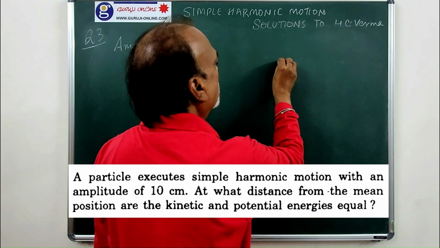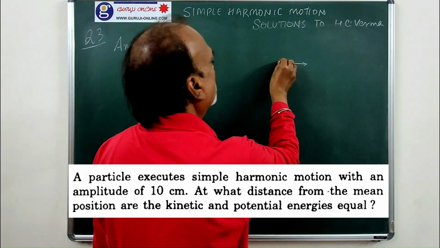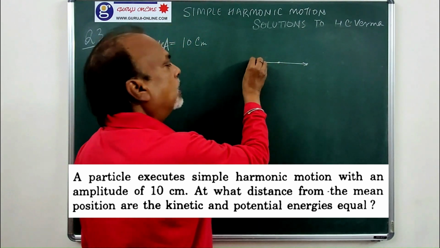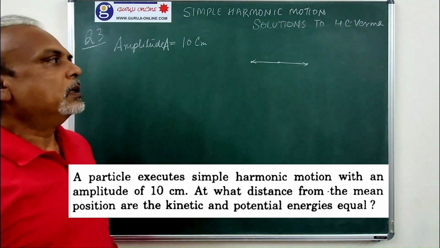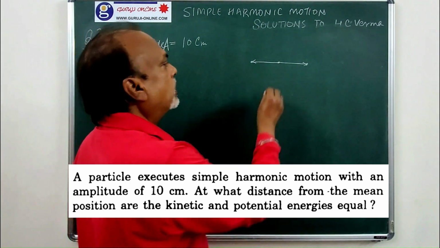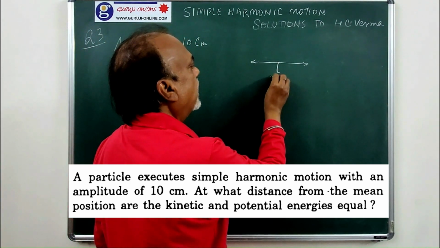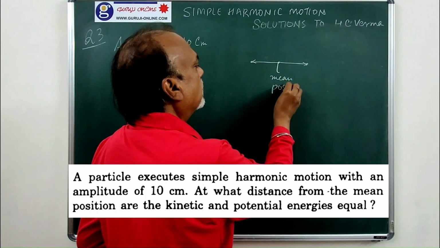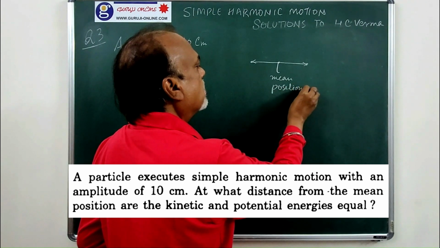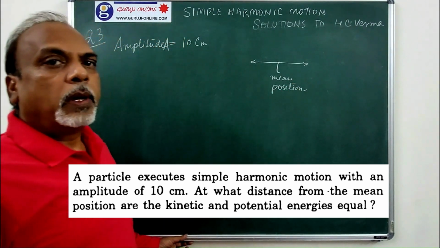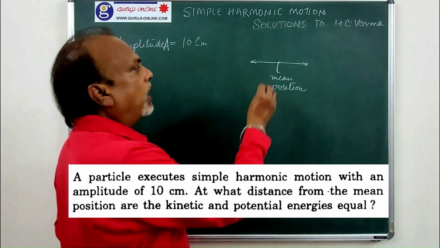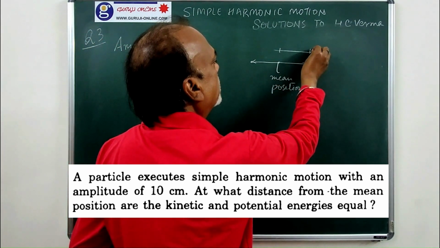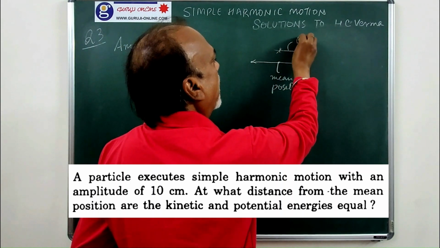This is the mean position and it is executing a to and fro simple harmonic motion. Correct? So, this is the mean position. Now, of course, this distance is basically amplitude.